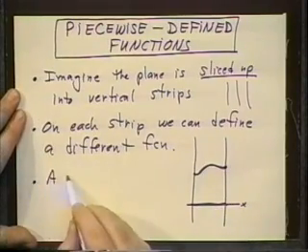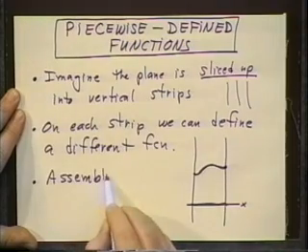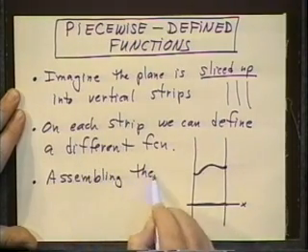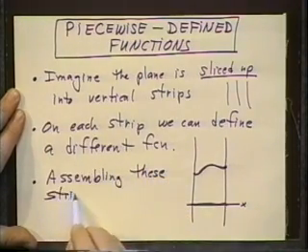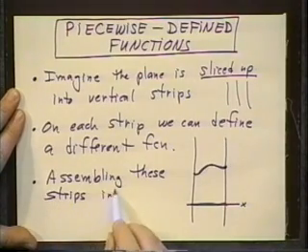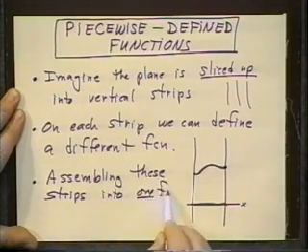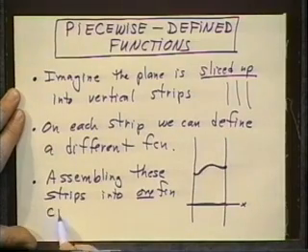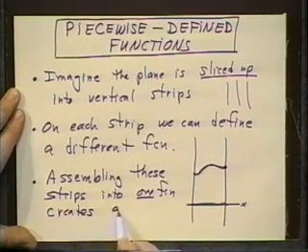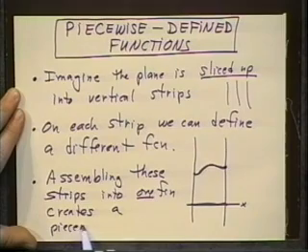All right, well then, assembling these strips into one function creates a piecewise defined function. That's all there is to it.